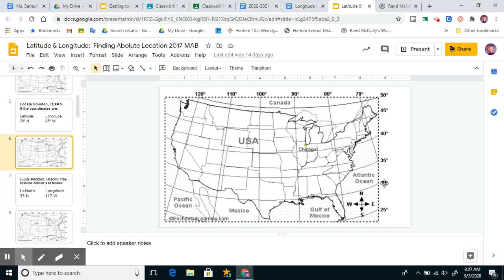So 29 is going to be just below 30, so it's going to be along this line here, and our line of longitude is 95 degrees west. So here's 90, here's 100. If you dissect it right in the center, come straight down, it would be about where my cursor is right now. Okay, so that is where Houston, Texas is.